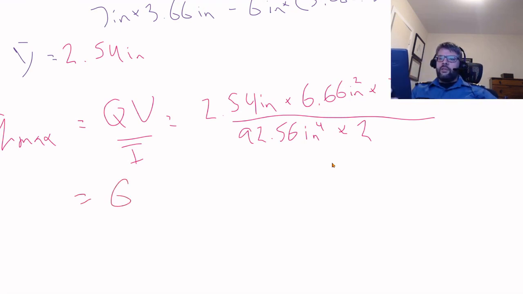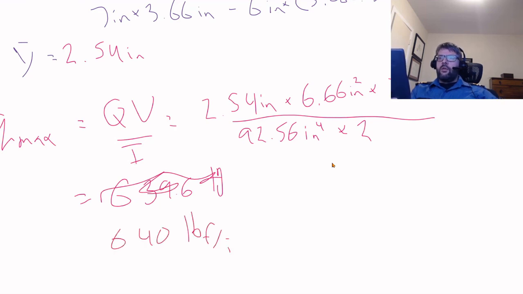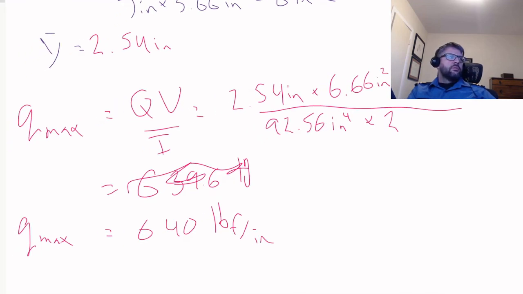So that'll give us 639.6 pounds per inch. Actually, let's make that 640. That is our shear flow max. And there we go.